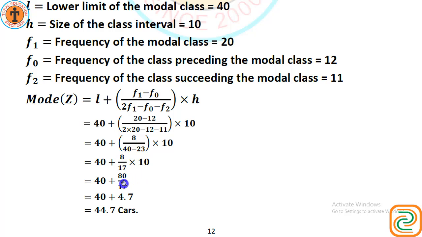We get 80 upon 17 because 8 tens are 80. So 40 plus 4.7. Don't multiply 10 with 17. This 10 is in the numerator, not in the denominator. There is 1 in the denominator, so multiply this only with the numerator. 40 plus 4.7 that is 44.7 cars is the mode of this data.